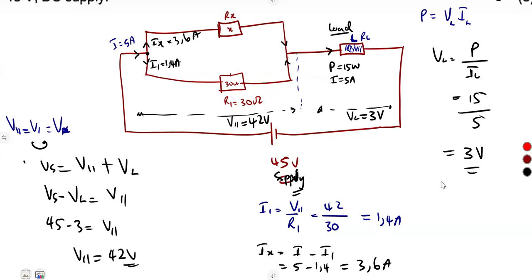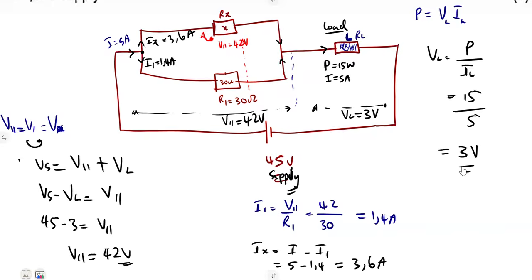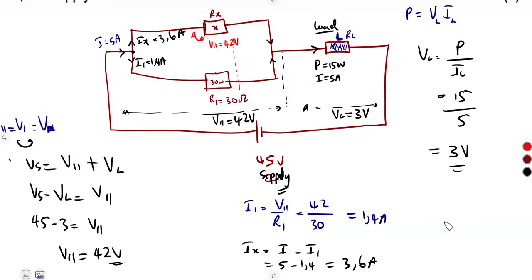You're asking yourself, why is it that we have to calculate current? Because remember, we have got the voltage, which is the same here, our V parallel, 42 volts. If I have voltage and current, it's easier for us to determine the resistance. Therefore, the resistance of the unknown, our Rx, is going to be V parallel over current, voltage over current.